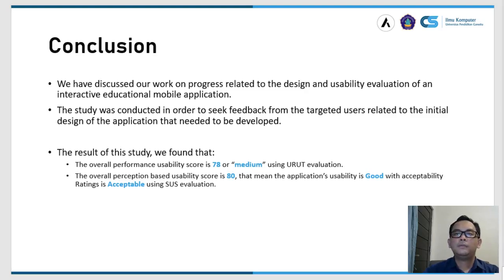We found that the overall performance usability score is 78 or medium using the URUT evaluation, and the overall perception-based usability score is 80. That means the application usability is good, with an acceptability rating of acceptable using the SUS evaluation.